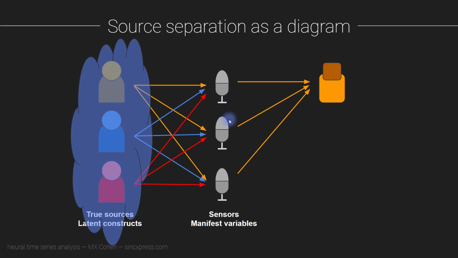And the idea is that we want to come up with some way of weighting these three different sensors such that the weighted combination, so some number times this plus some number times this plus some number times this, is going to give us some estimate of this reconstructed source. So these are the things that we can measure directly.